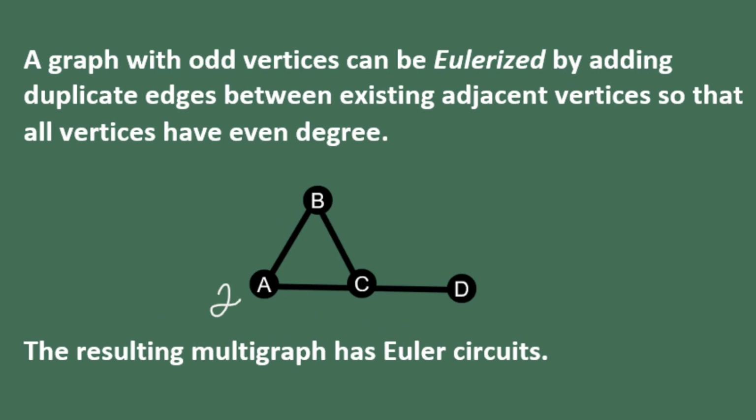So vertex A has degree 2, vertex B has degree 2, vertex C has degree 3, and vertex D has degree 1. So C and D have odd degree. If we add a duplicate edge between them, vertex C has degree 4, and vertex D has degree 2. So the resulting multigraph has Euler circuits, guaranteed.